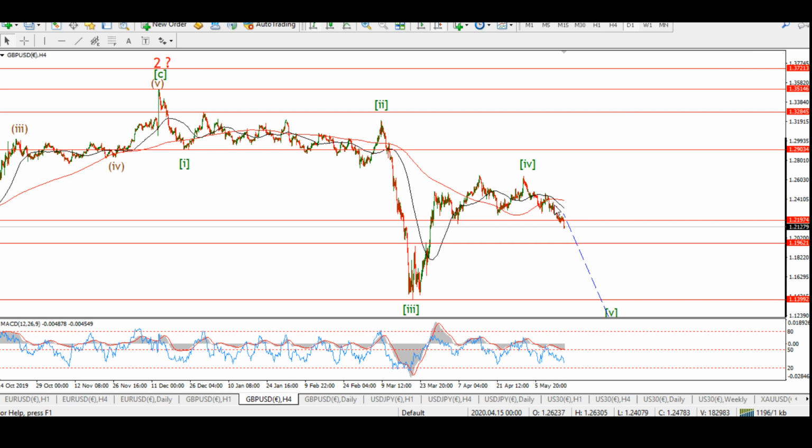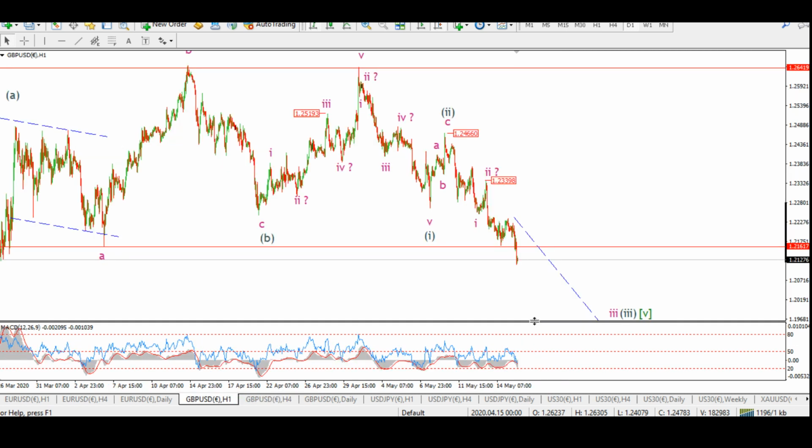So let's get to the hourly chart. You can see here that I'm tracking the possibility of a 1-2, and we're heading into wave 3 right now. So this would be wave 5 in green, so it'd be wave 3 of 5. If that's the case, then we should be lower for most of next week.